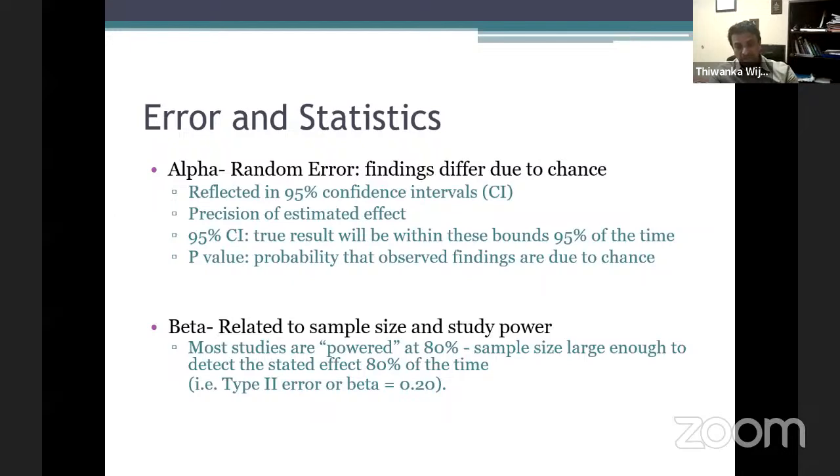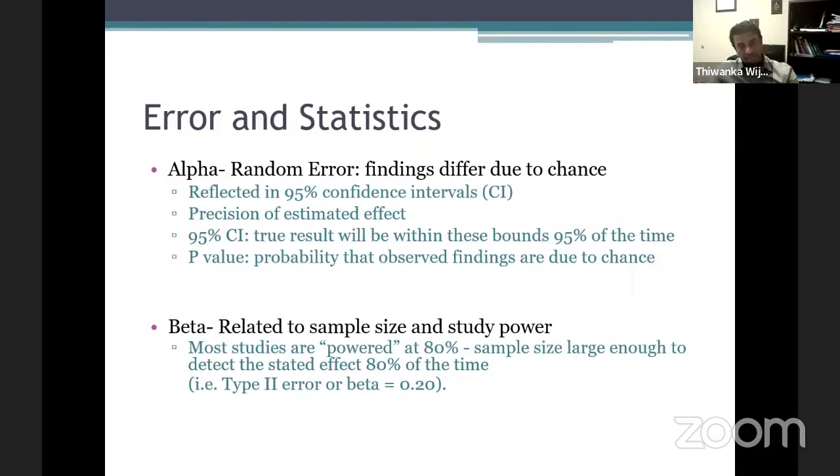So what that means is if we do the study 100 times, 95% of the time, the value of mortality will be between 1.1 and 1.7. All right. So that's based on a 5% false positivity.